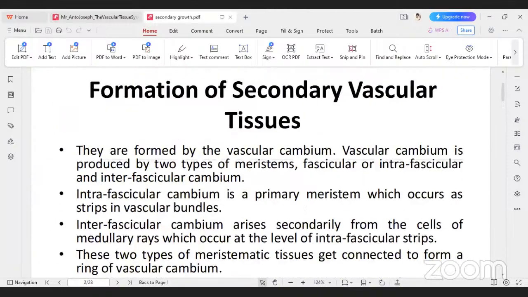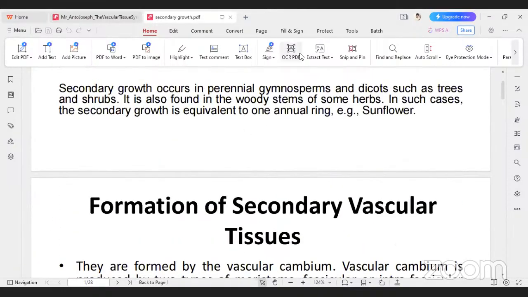Okay, let me take the marker. This is the primary plant structure. For example, this is the stele. I have taken only the stele. In primary structure, the stele with vascular bundles.